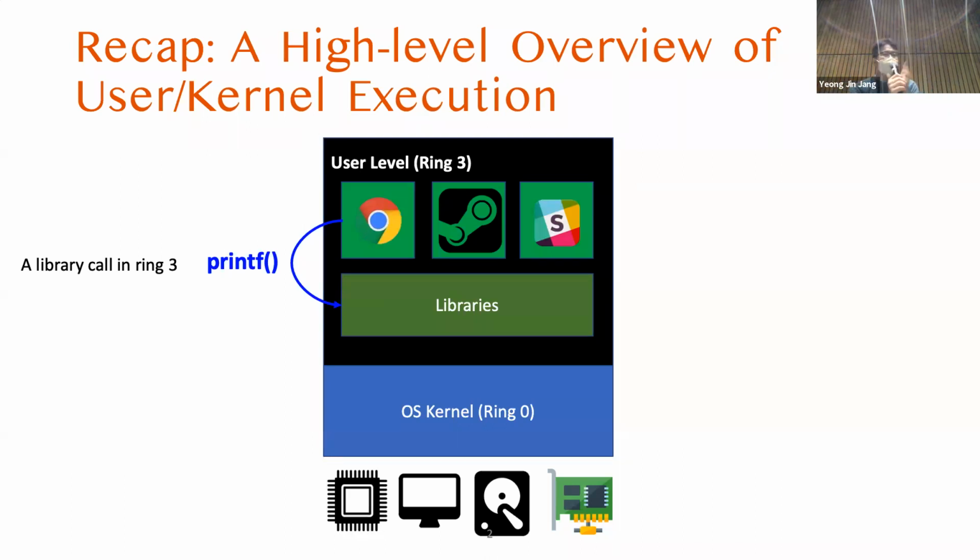And then we enforce that by jailing the entire execution of user level within ring 3. So whatever program runs as a user-level application runs in the ring 3 virtual memory space.